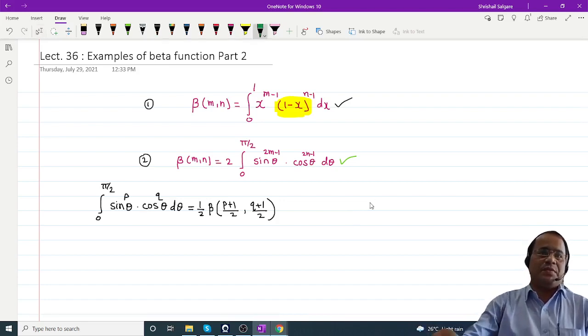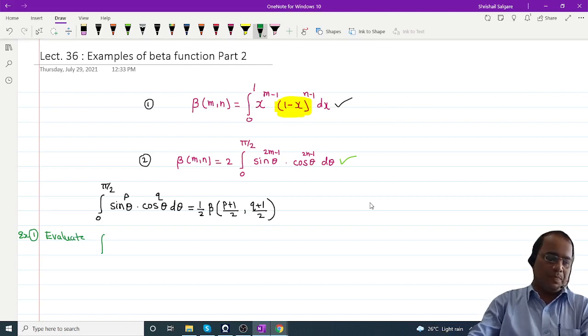Suppose the first example: you have to evaluate the integral from 0 to pi by 6 of (sine of 6 theta) whole squared into (cos of 3 theta) whole raised to 6 d theta.